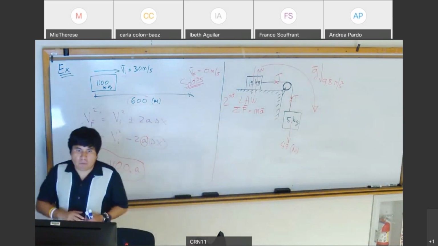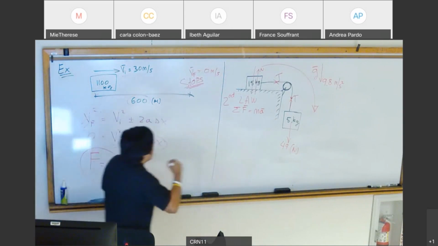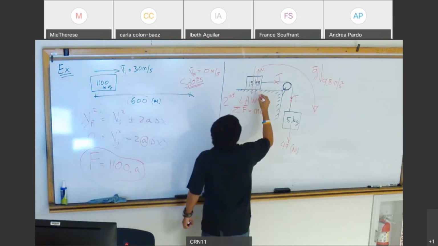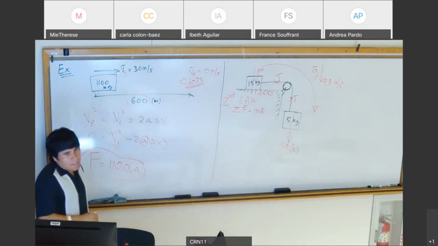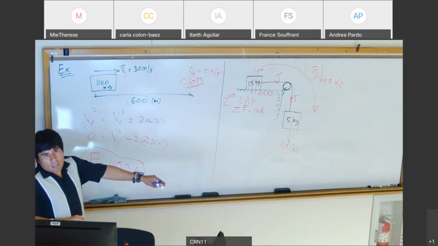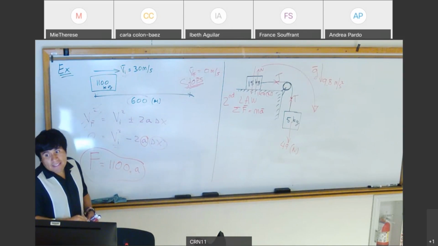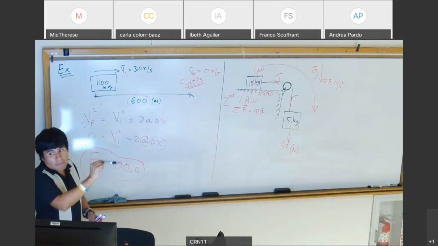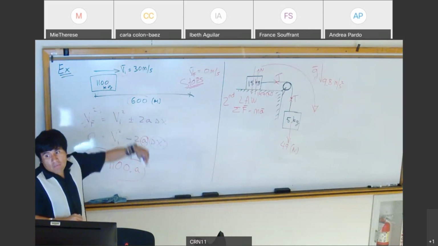And 15 times 9.8 is 147, so this one will be 147 newtons. The weight of 15 doesn't matter because 15 is on the ground. What's making 15 kilograms move is the tension to the right. What's making the 5 kilogram move? The force of gravity.